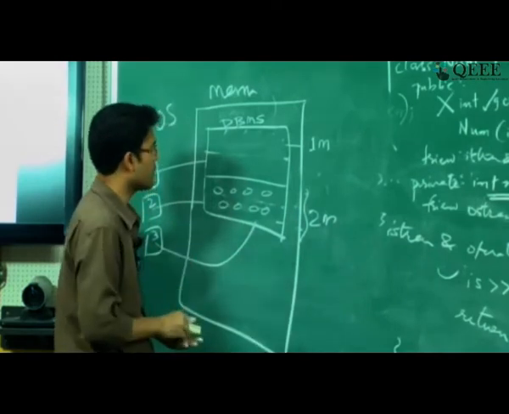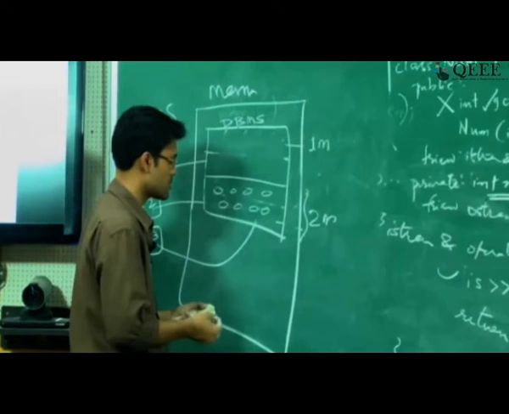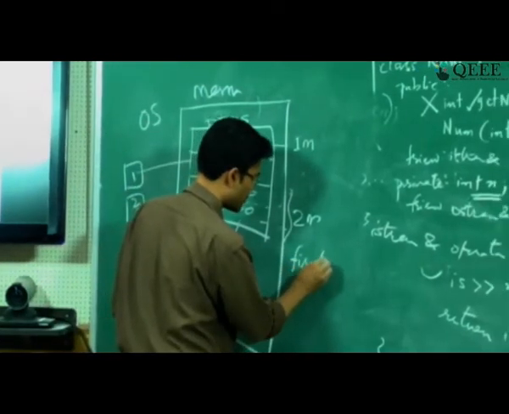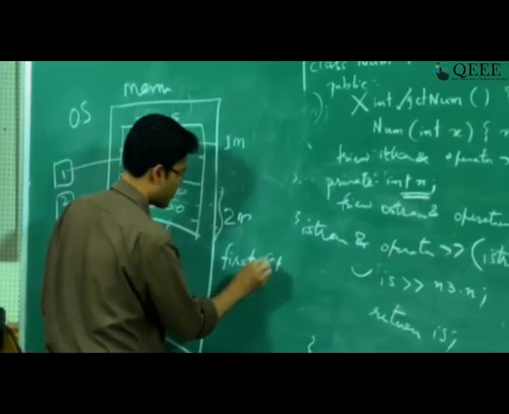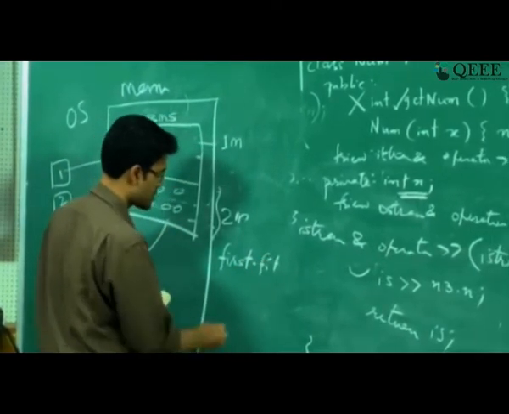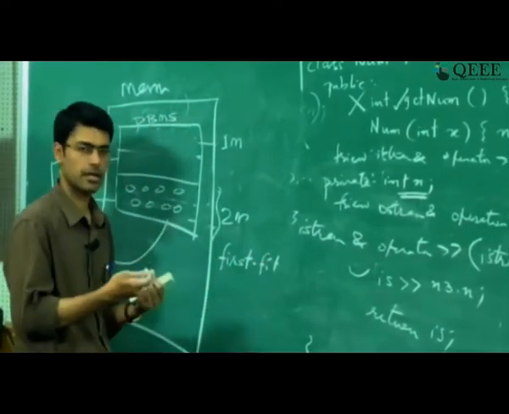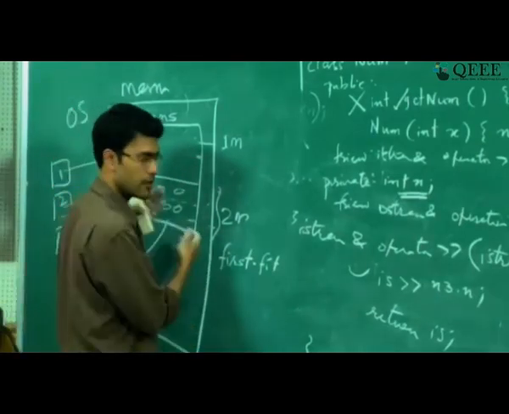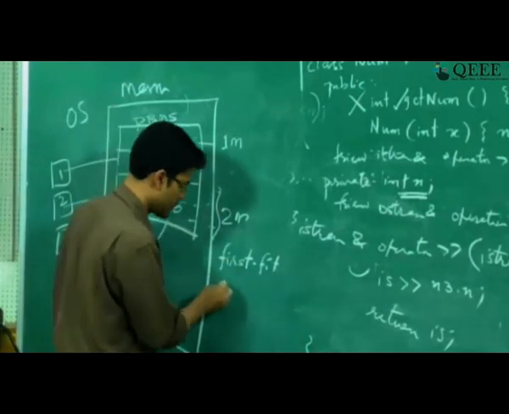So there are mechanisms to decide how you allocate memory. There are primarily 3 mechanisms. First fit, the first available memory that is sufficient for serving the request you give, which is essentially what we did.